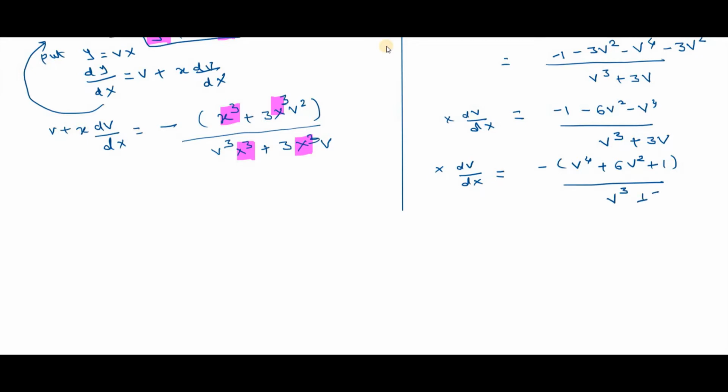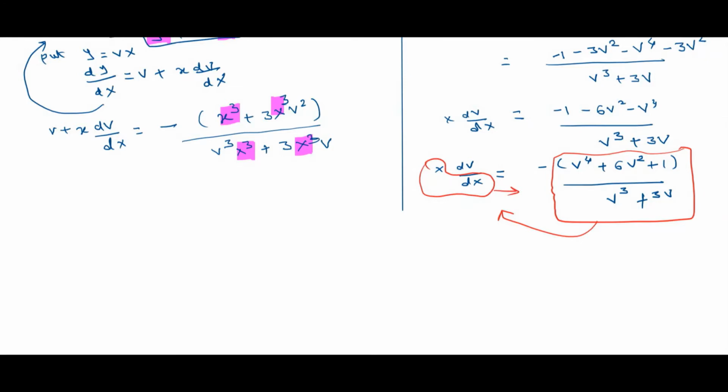Now transpose this (v raised to 4 plus 6v square plus 1) divided by (v cube plus 3v) to the left hand side, and this x and dx to the right hand side.